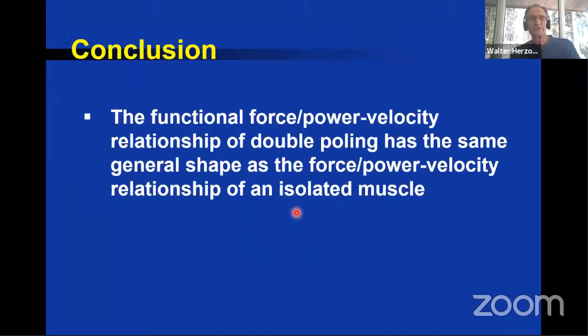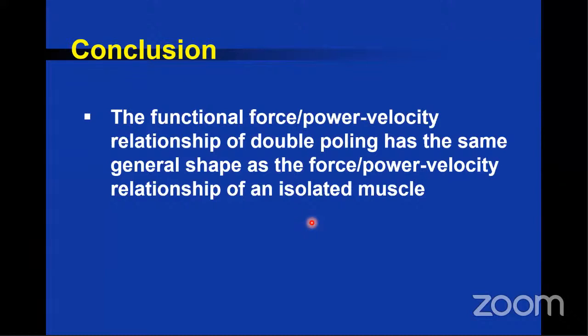But for us, what we found was that the functional force and power-velocity relationships in double poling of skiing are similar in shape to the force and power-velocity relationships of an isolated muscle. This is not always correct. For example, people have done studies on the speed of running as a function of the resistance provided to running, and that seems to give a very linear relationship. And similarly, people have measured power output in cycling as a function of pedaling rate.